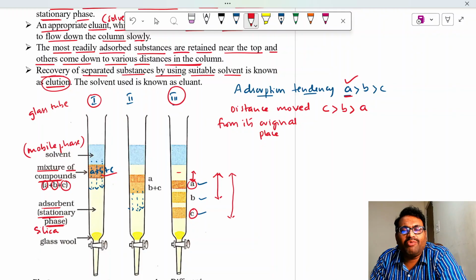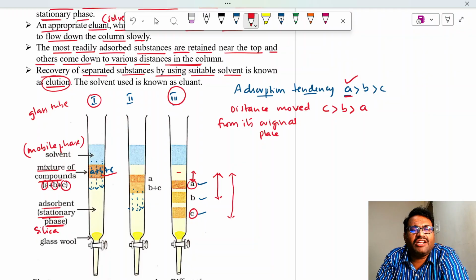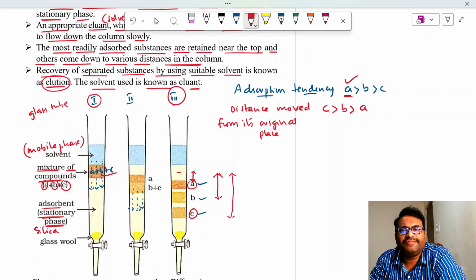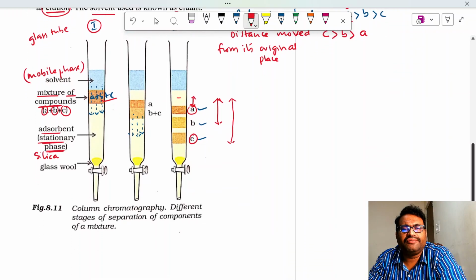Finding what those substances are is called recovery of those substances. And that process is called what? Elution. And the solvent is known as what? Eluent. Understood?